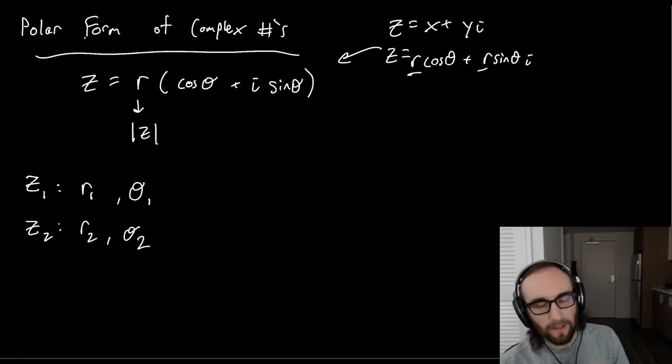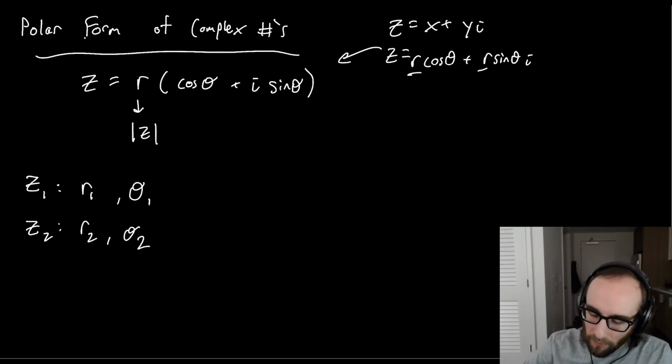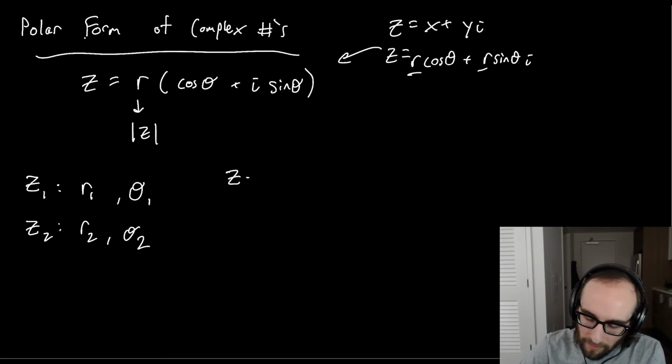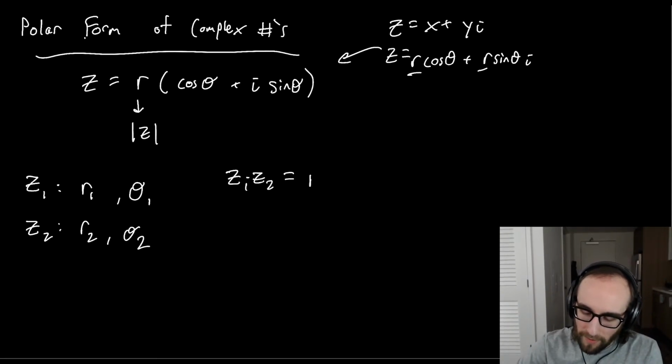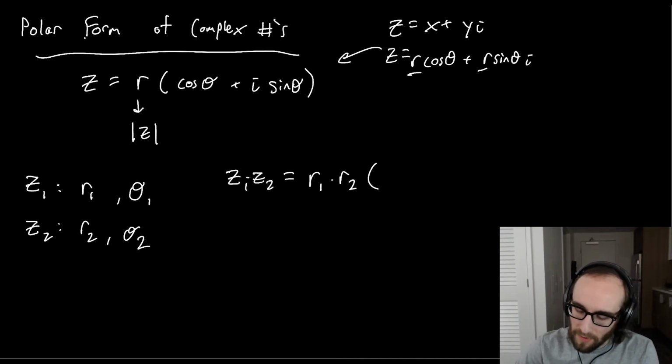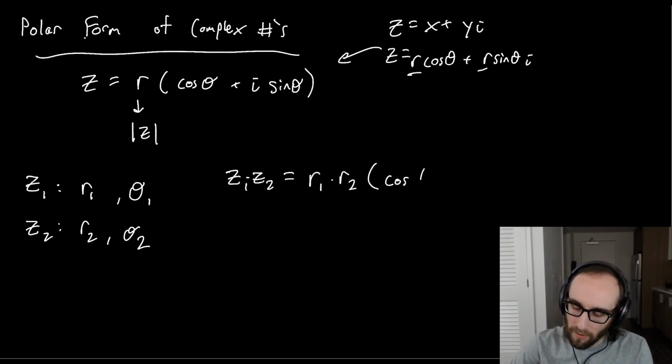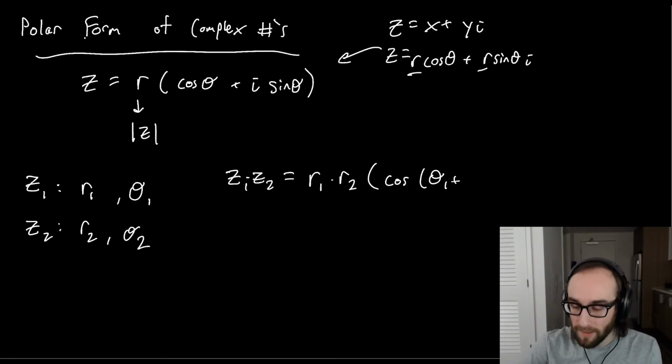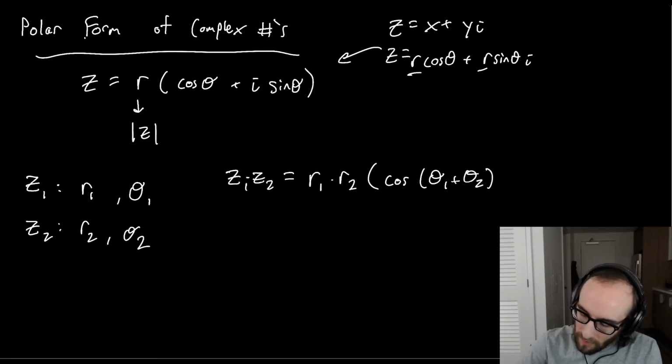So the magnitude and the angle for z2. If we have two complex numbers and we multiply them, z1 times z2, we can actually write that out as just r1 times r2, and then in parentheses, times cosine of theta 1 plus theta 2, plus i sine theta 1 plus theta 2.